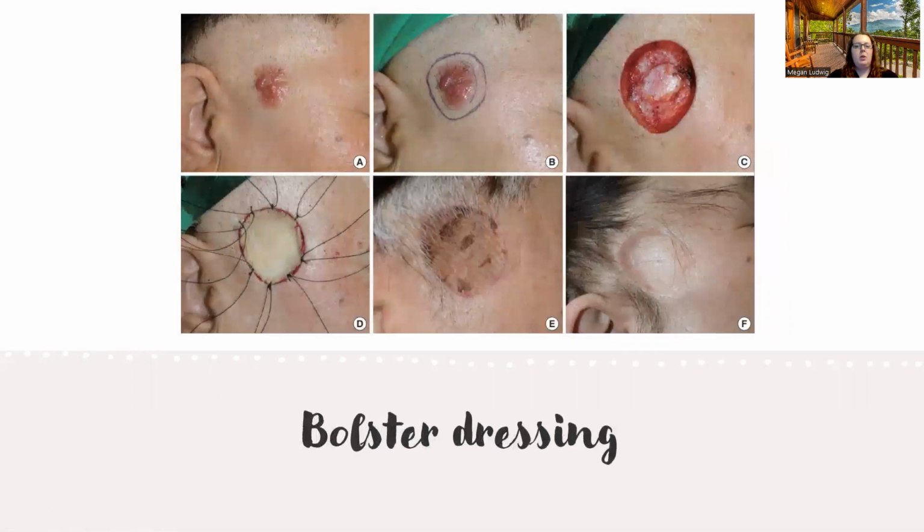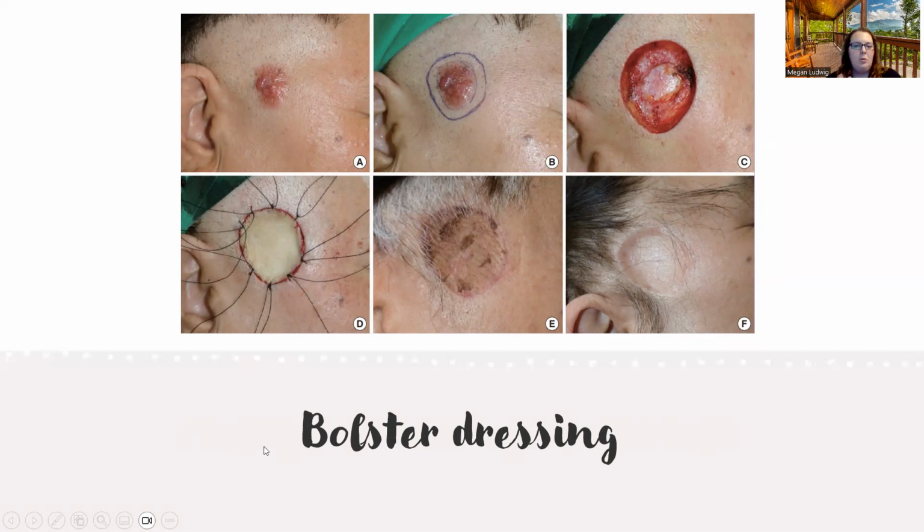So another type of dressing is called a bolster dressing. This patient had a skin lesion, looks to be cancerous, removed, and then a skin graft placed on top. So this right here in letter D is an actual skin graft. They took it from another part of their body, cut it to size, and then sutured it in place. When they suture this on, they're going to put big gauze pads here and tie these black strands over top of it to put pressure.